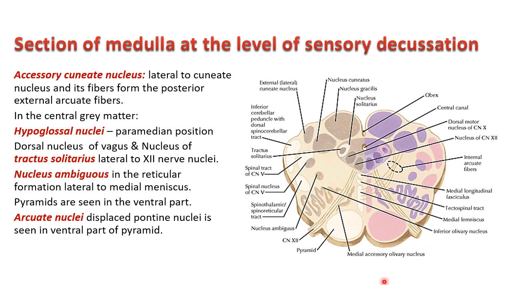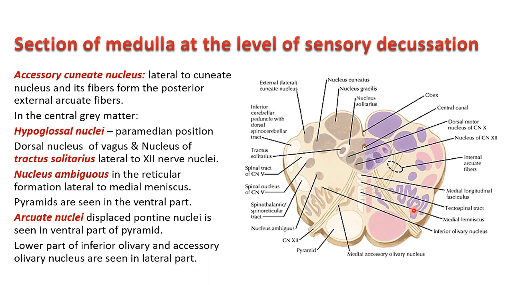Okay, you can see that, and then spinal nucleus and tract of trigeminal nerve, anterior and posterior spinocerebellar and spinothalamic tract, all those are seen in their respective positions. Okay, then the remaining part and the other things I will show you or discuss in the next section.